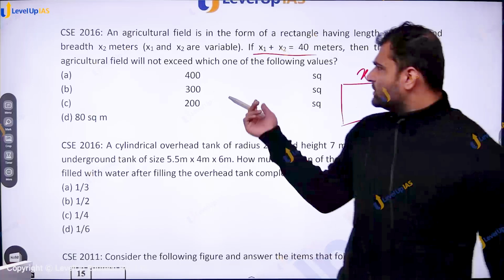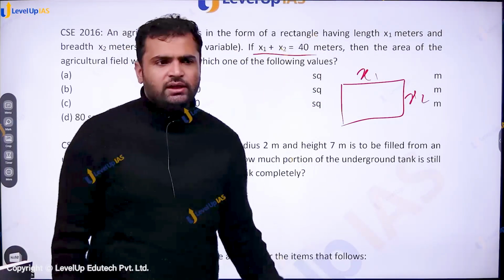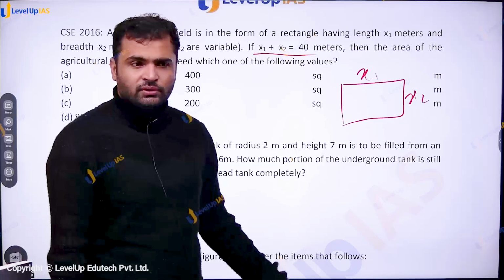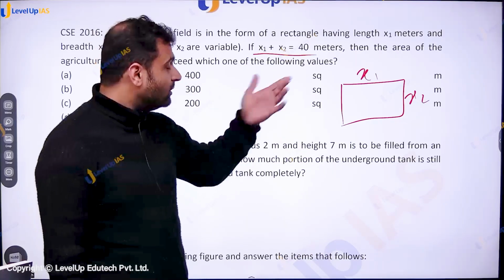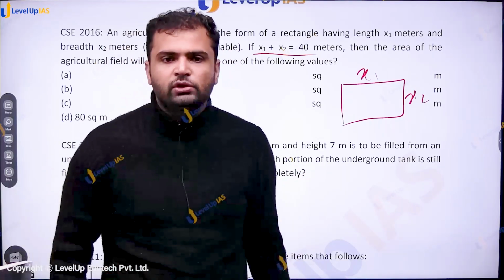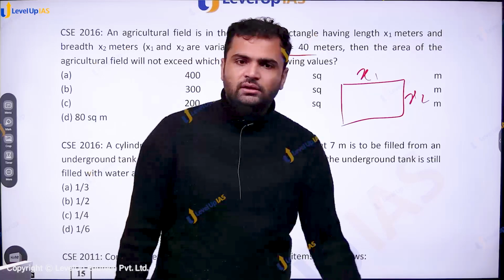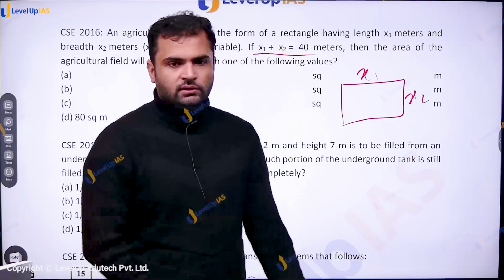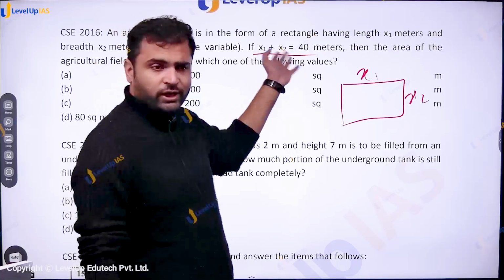So because there is symmetry involved in this question, x1 x2 कोई special तो है नहीं, there is nothing special about x1 or x2, they are just variables, any variables. So there is high chance that some extreme value, maybe smallest or largest, would be reached when they are equal. So when they are equal, you can put values 20, 20 hai.